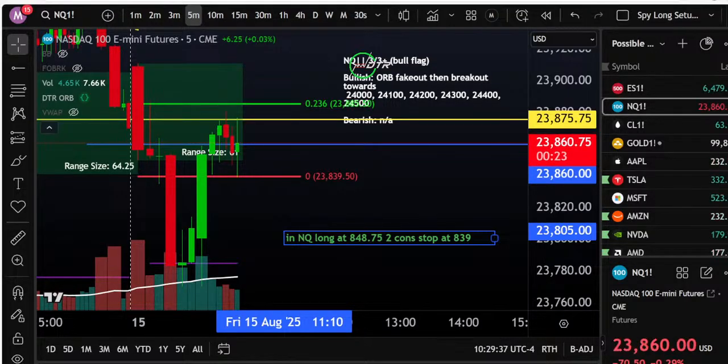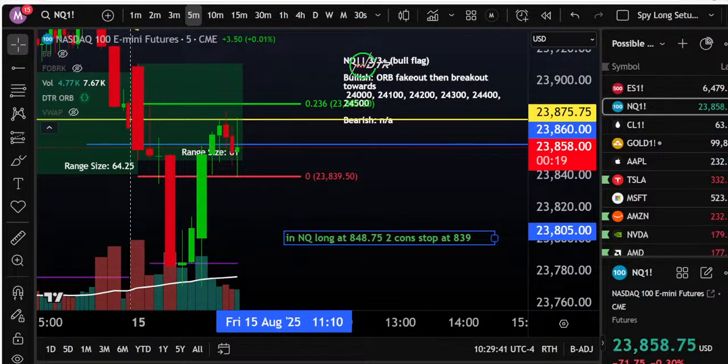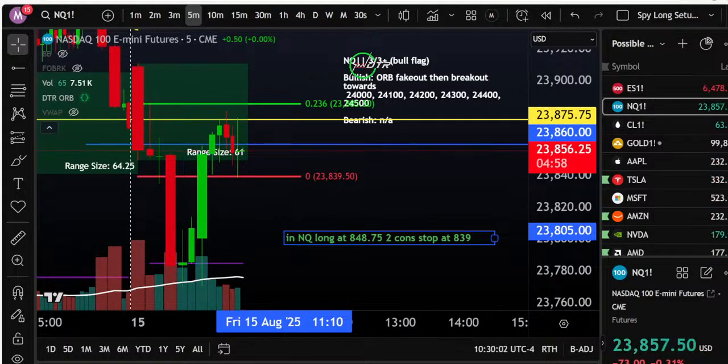Ooh, that's kind of a crappy look now. Fuck me. High volume in this.